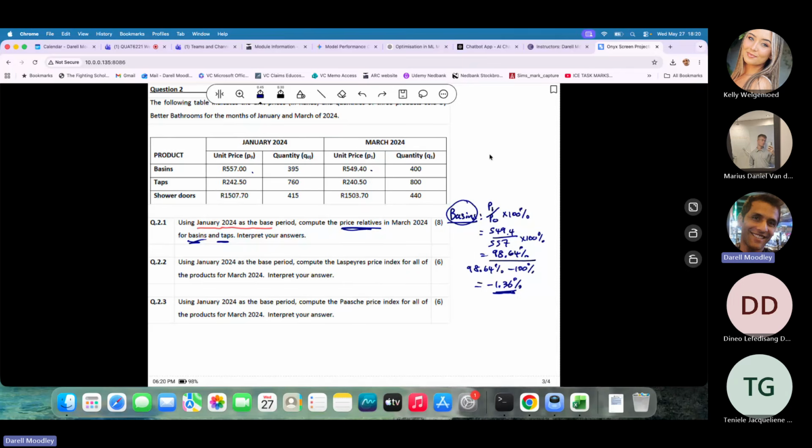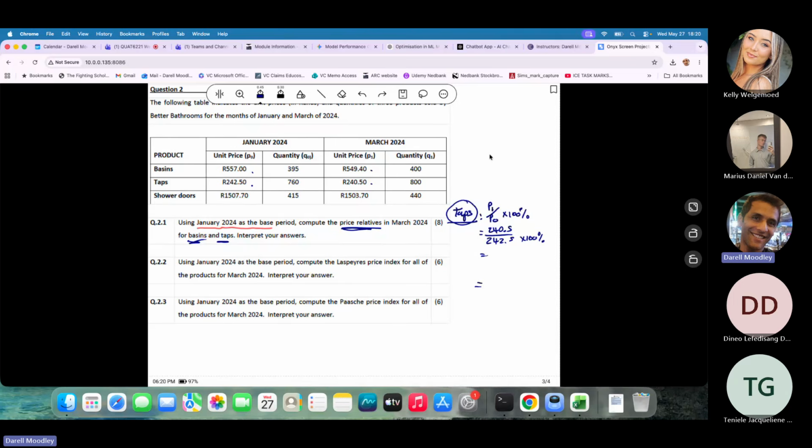All right, so we'll do the same thing for taps. It's the same procedure. We just change the values. The price for taps in March is 240.5, and the price for taps in January is 242.5.